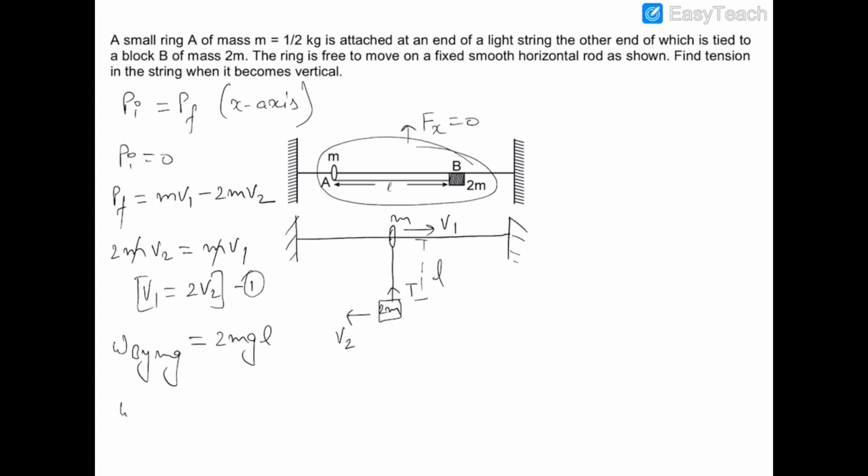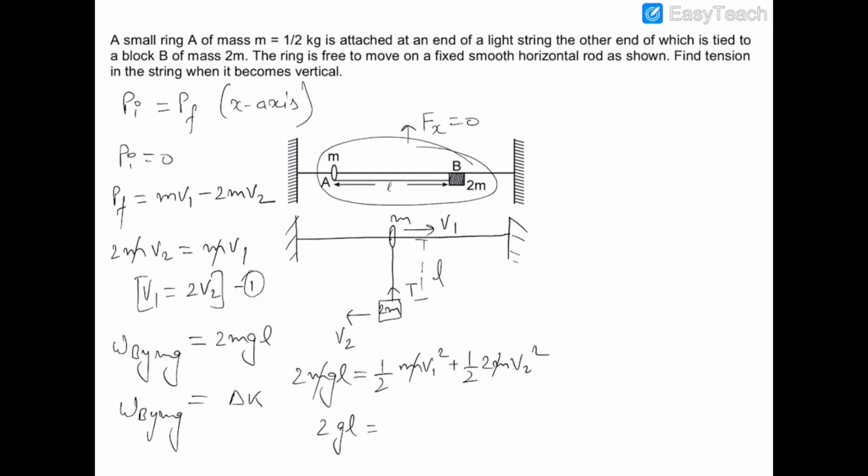So this work done by mg will be equal to the change in kinetic energy of the system, and the kinetic energy of the system initially was 0, and finally it is half m v1 square plus half 2m v2 square. So cancelling m with m, 2gl is equal to v1 square by 2 plus v2 square.